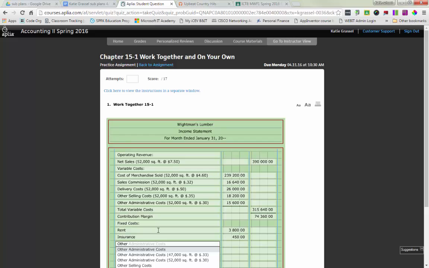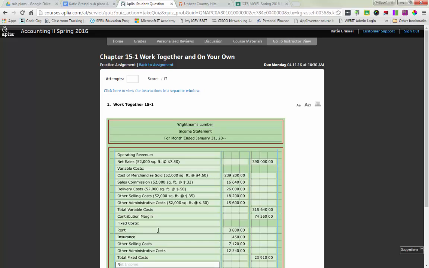I have my other selling costs, and that's going to be $7,112. Other administrative costs is going to be $12,540. Total fixed cost, do the math, $23,910.